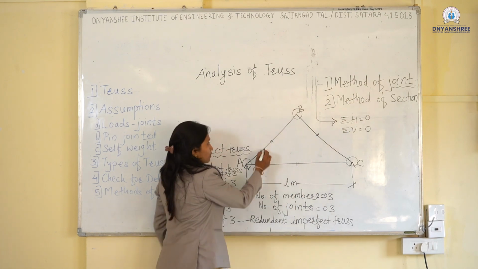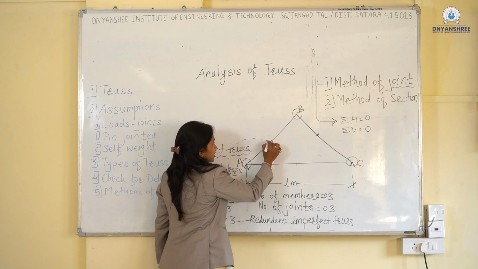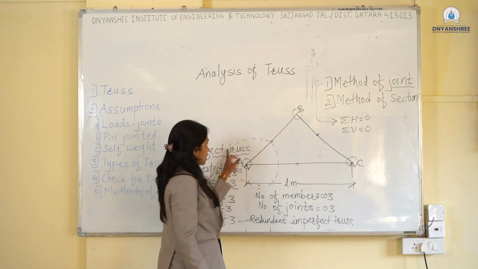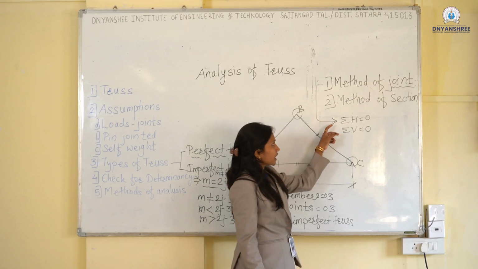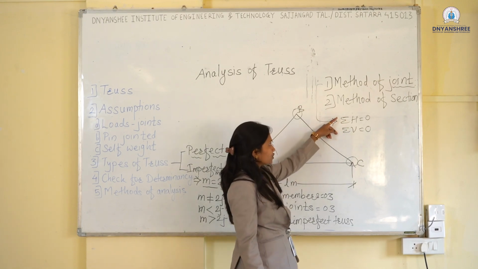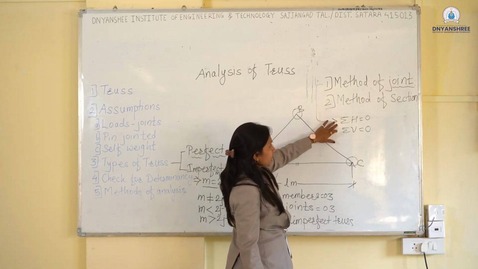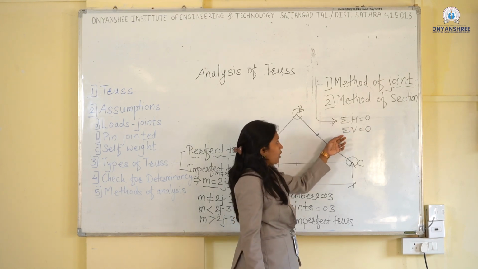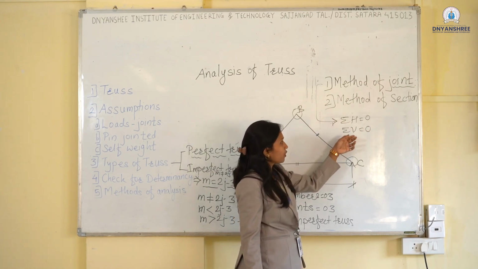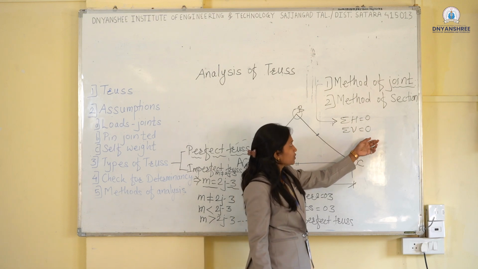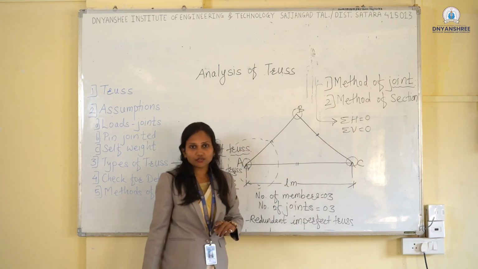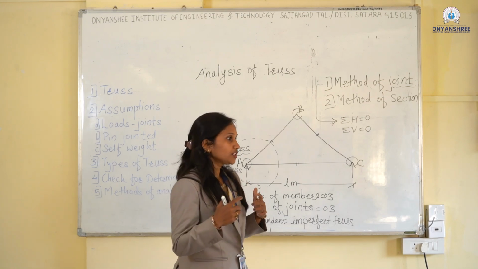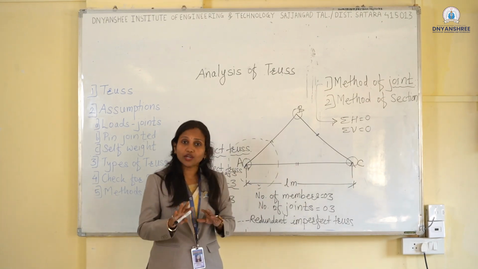As we consider a single joint for the analysis, we can use only these two conditions of equilibrium: the algebraic sum of all horizontal forces is 0 and the algebraic sum of all vertical forces is 0. In the method of section, we have different sections at which a maximum of 3 unknowns are allowed.